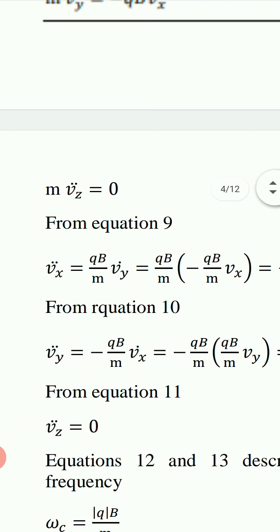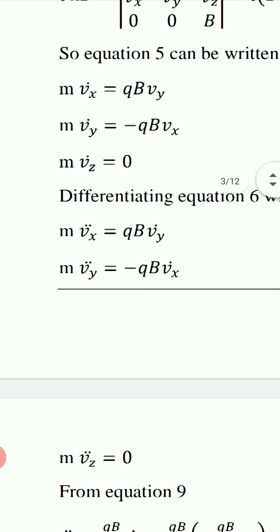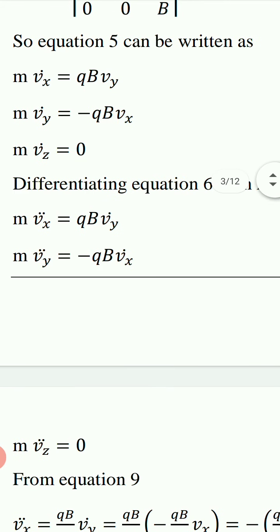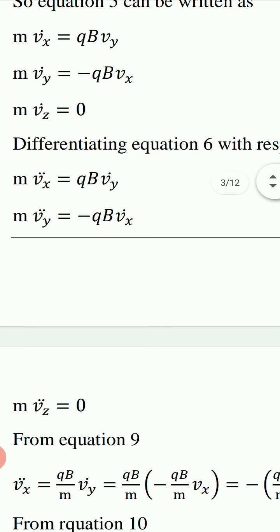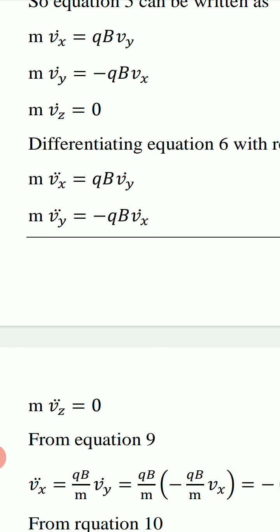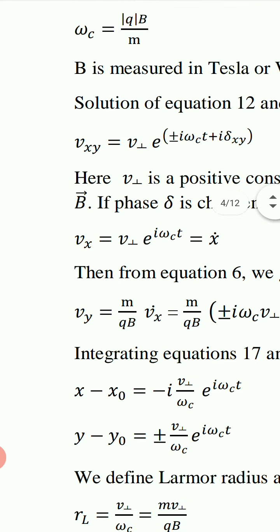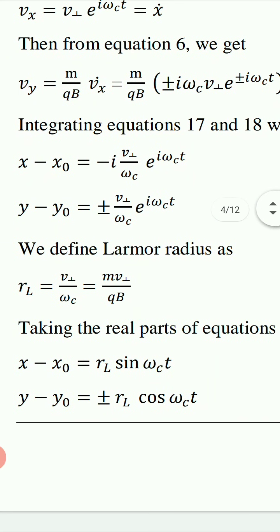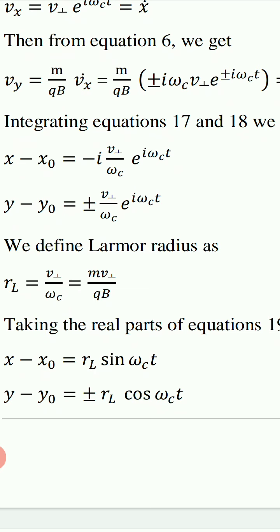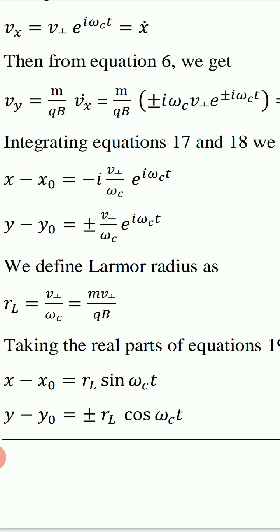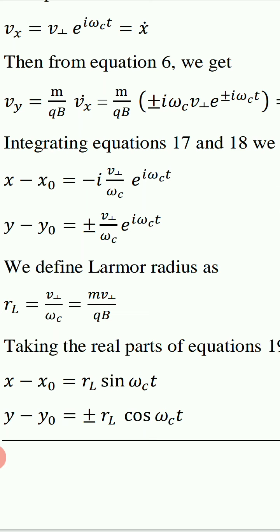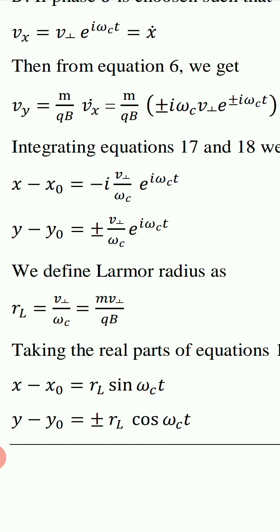Equation 6 is this equation, m Vx dot equal to qB Vy, and this gives Vy equal to m upon qB Vx dot. So Vy is equal to m upon qB Vx dot, and we put the value of Vx dot. Vx dot is the differentiation of this Vx with respect to t.